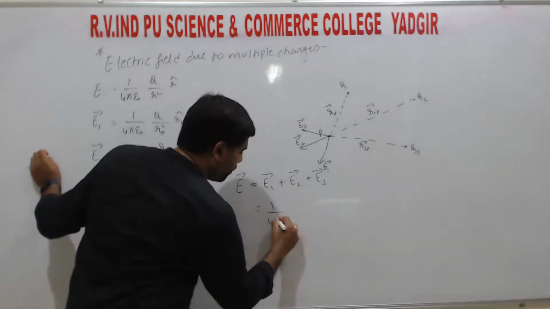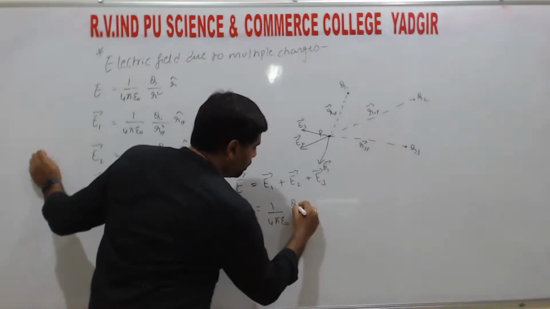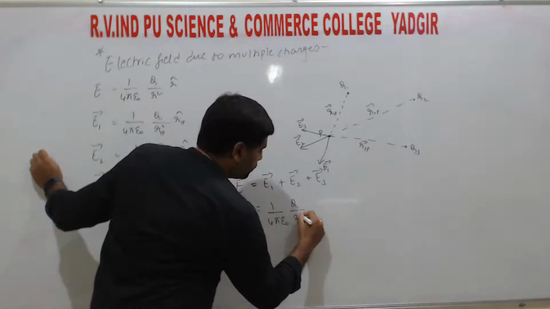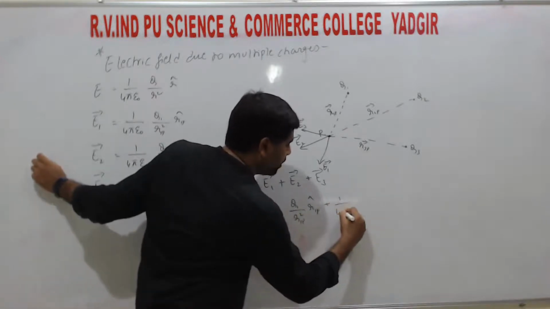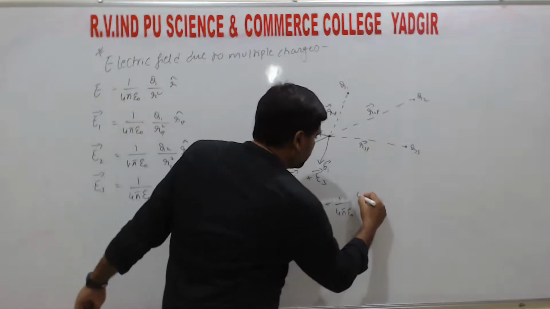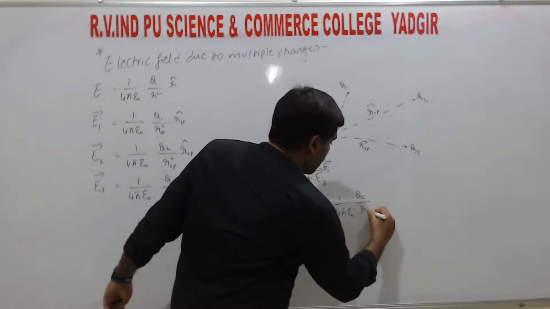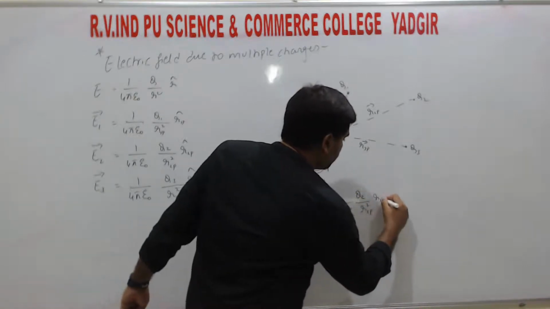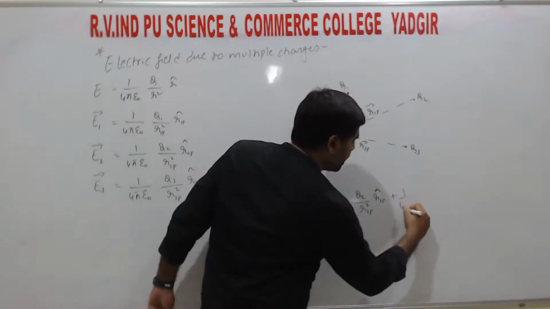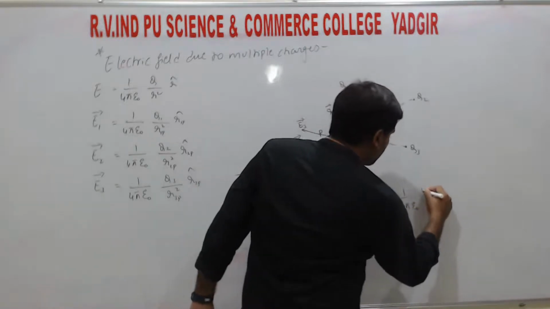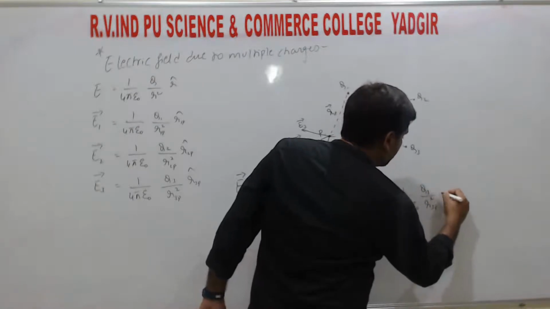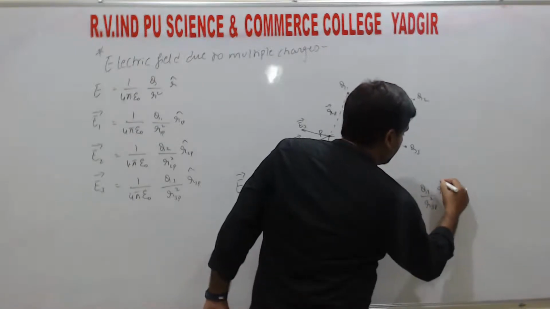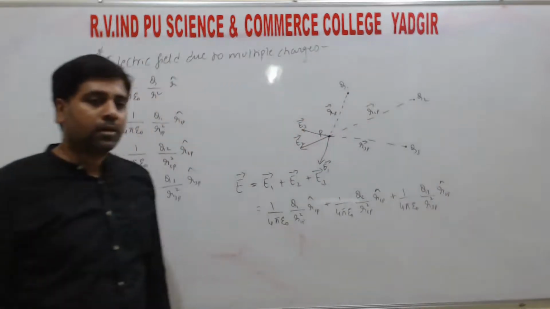Substitute here: 1 divided by 4 pi epsilon naught, Q1 divided by R1P square, R1P cap, plus 1 divided by 4 pi epsilon naught, Q2 divided by R2P square, R2P cap, plus 1 divided by 4 pi epsilon naught, Q3 divided by R3P square into R3P cap, right?